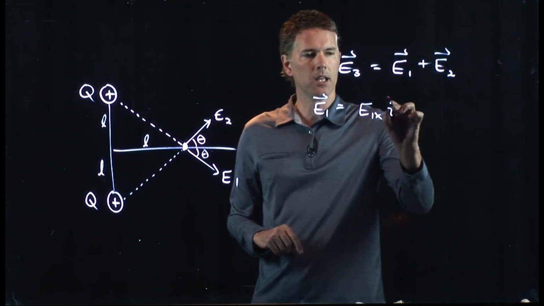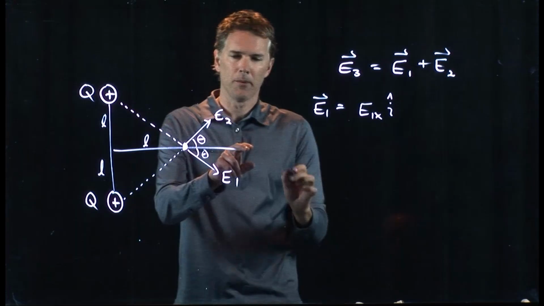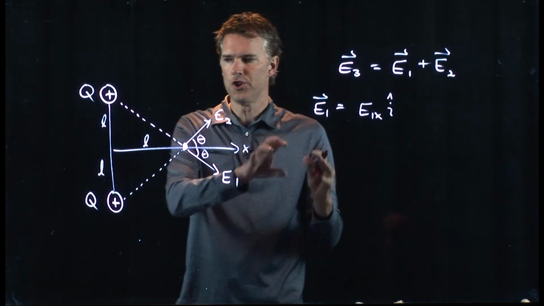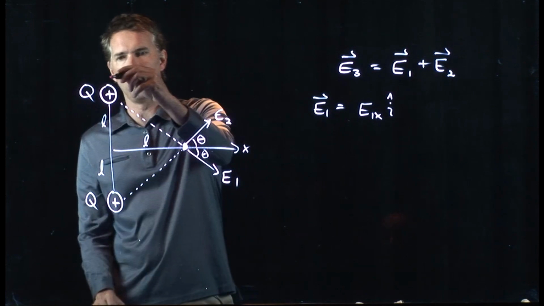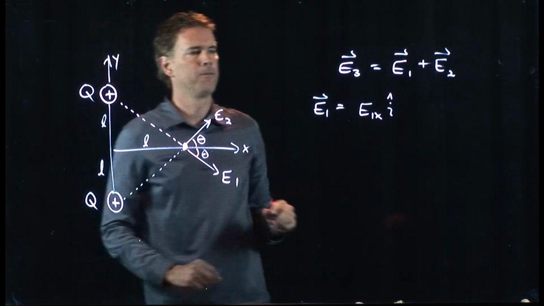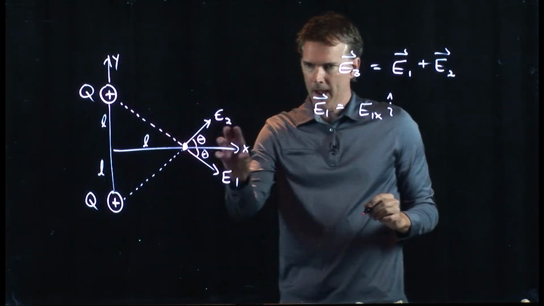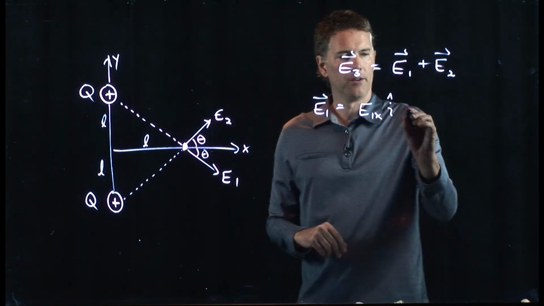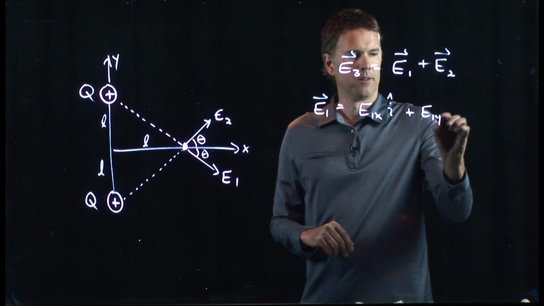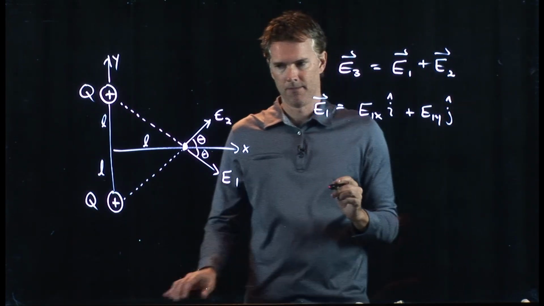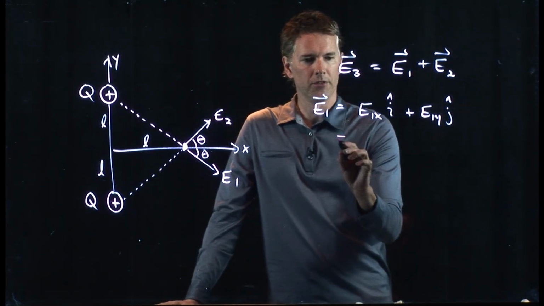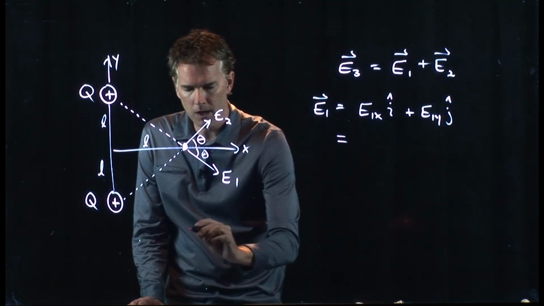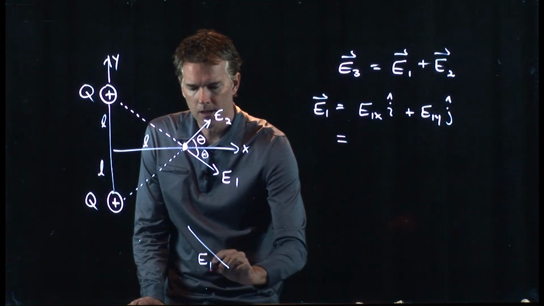E1 is just going to be some x component, E1x, in the i hat direction. Remember, i hat is a unit vector along x. j hat would be a unit vector along y. So we're going to have some x component, i hat. There's going to be some y component along j hat. We need to figure out what those things are. Well, this E1 is a triangle.